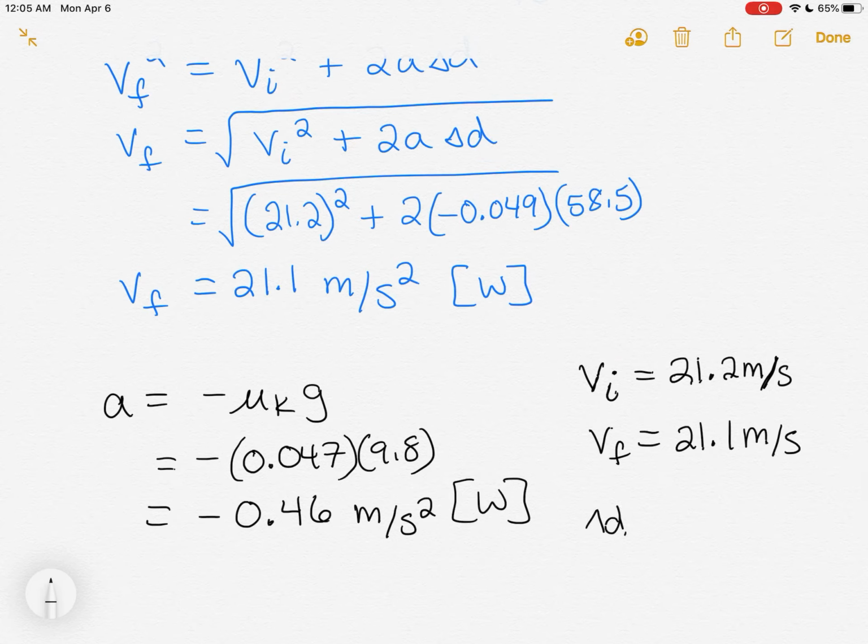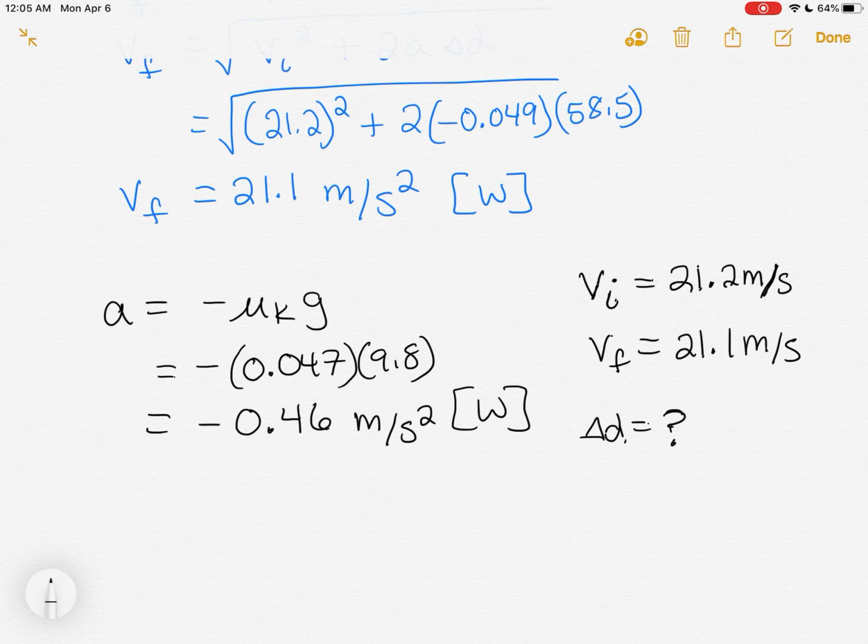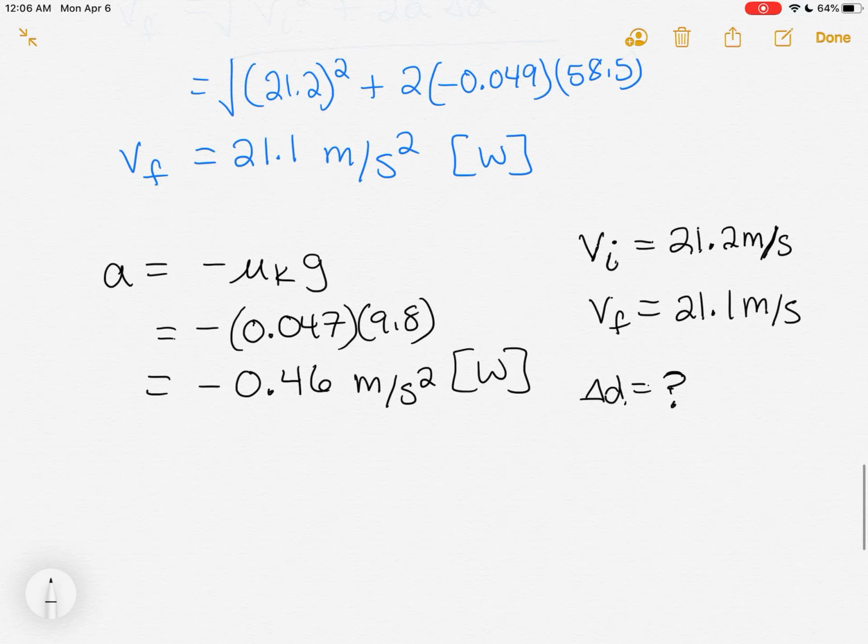And now we're looking to find our delta D. So we're just going to use a kinematic equation to solve for our delta D. We have acceleration, we have VI, we have VF, and we're looking for delta D. So we're going to use probably the same equation: VF squared is VI squared plus 2a delta D.